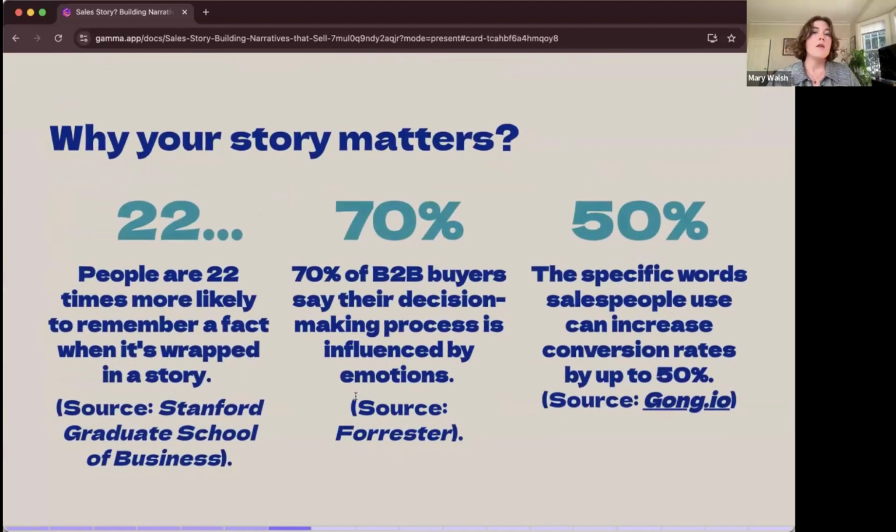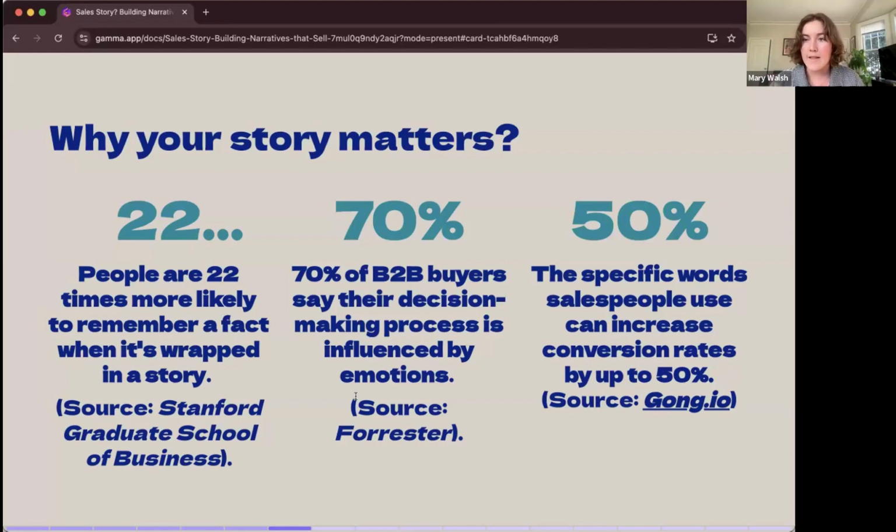All right, so why the story matters. I always like to take a beat here, because storytelling in the last 5 years or so has become a bit of a buzzword that you see on LinkedIn or in different business spaces. It's one of those things that we all know matters, but we often don't quantify what storytelling can do.